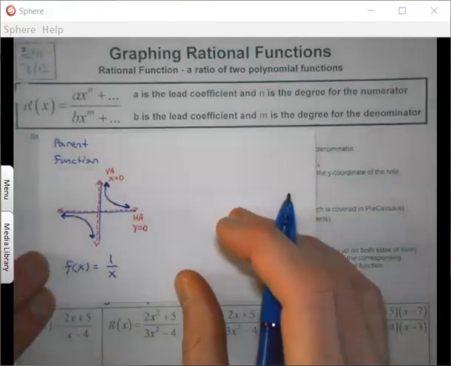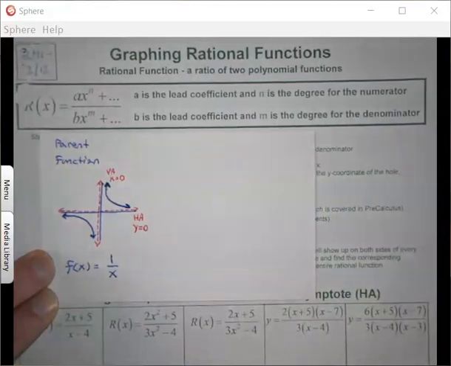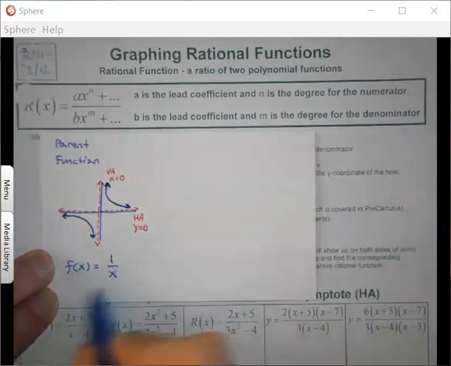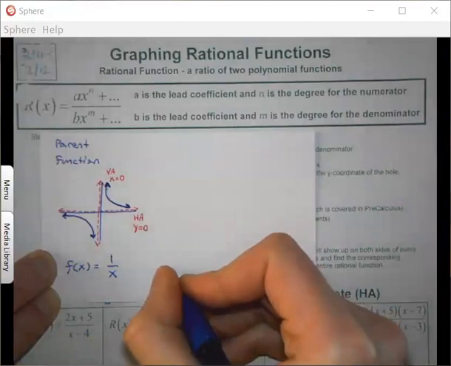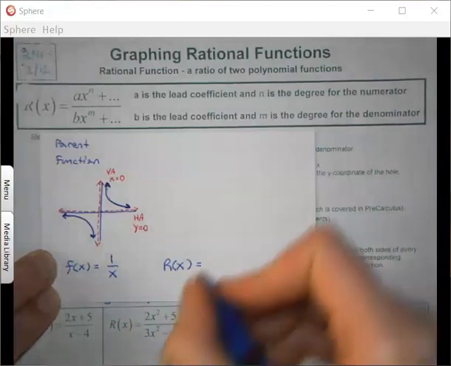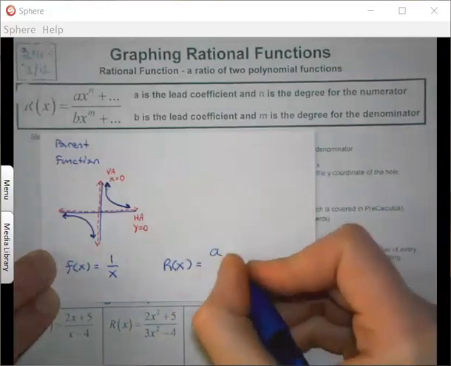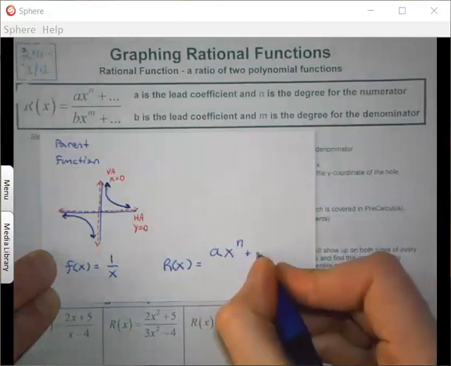Now, in general, we're going to use this for identifying parts to use for the horizontal asymptote. So instead of the parent function like this, we're going to write something in general that's going to look like this. So we're going to have some coefficient a x to the n plus stuff.